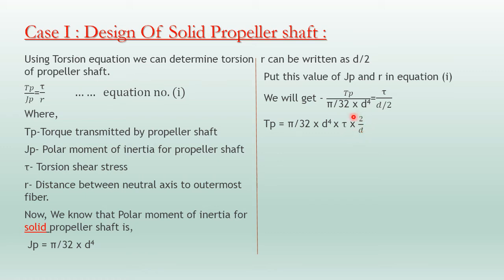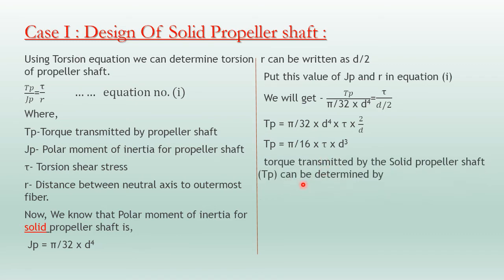Okay, so cancel this term. What will cancel here? This 2 with 32, that is here you will get 16, and one d is cancelled over here. So we will get torque transmitted by the propeller shaft equal to pi by 16 into tau into d cube. So we will get this equation as Tp equal to pi by 16 tau into d raised to 3.